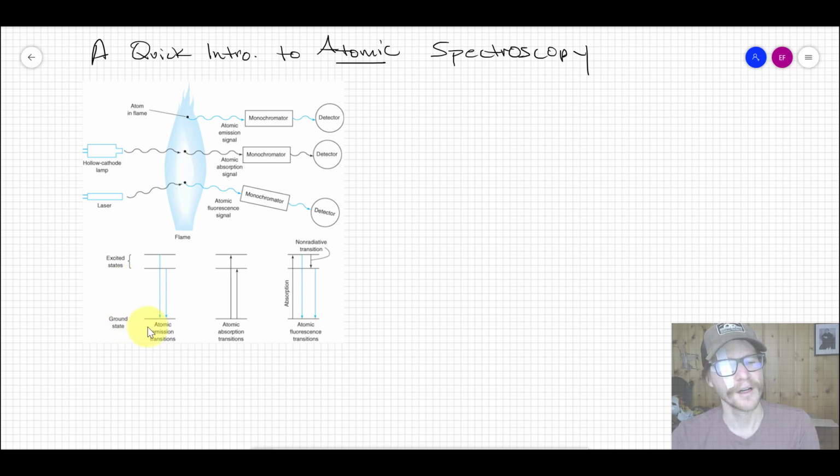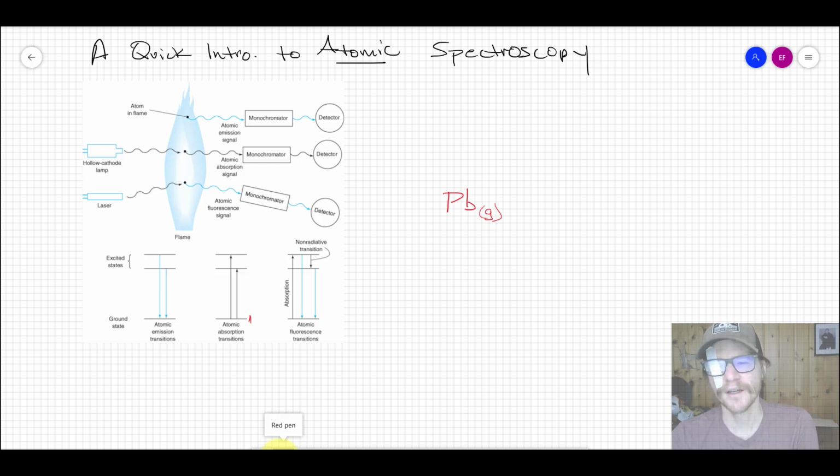We have atomic absorption, which is in the center here, this type of transition where you have the ground state electron. And when we're talking about atoms, we're literally talking about something like lead and measuring the absorption of light on a lead atom, typically in the gas phase. So we're talking like lead gas.